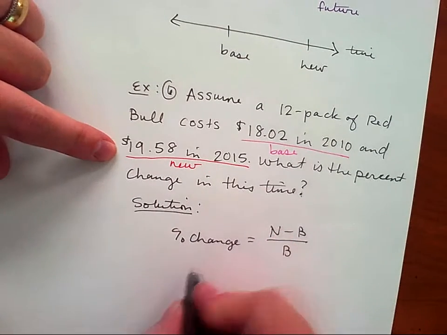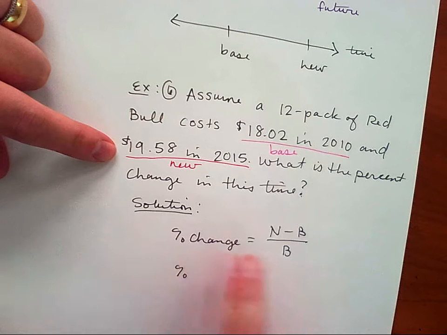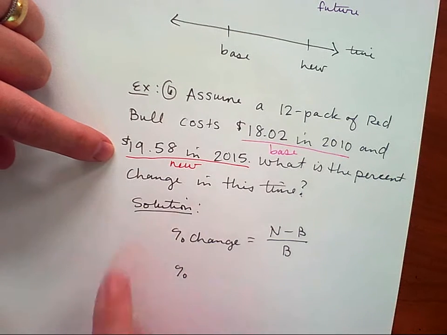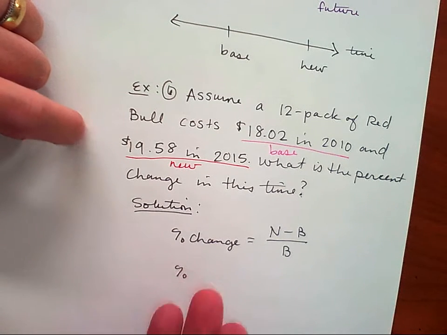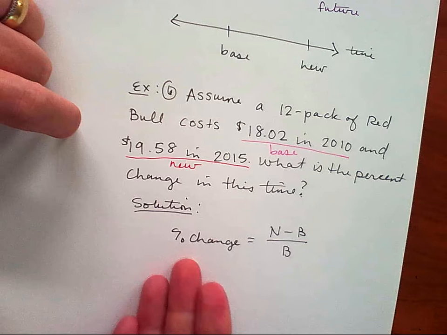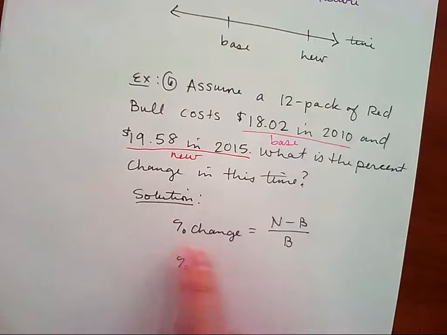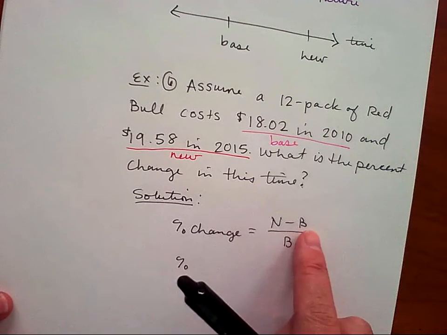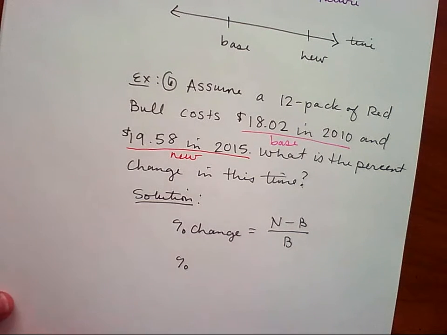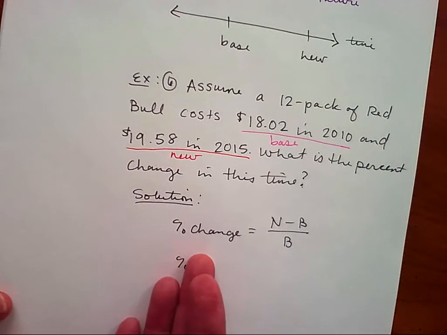If you have an equation, you should only have one letter or word that you do not have a value for. If I don't know the base amount and the new amount, I don't care what the percent change is. I can't solve for that, right?